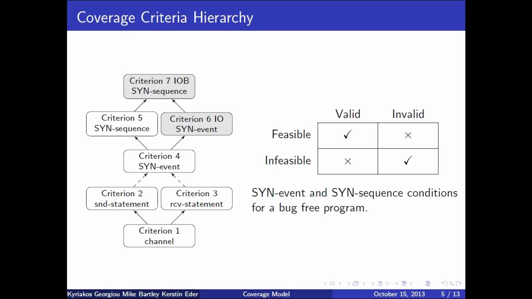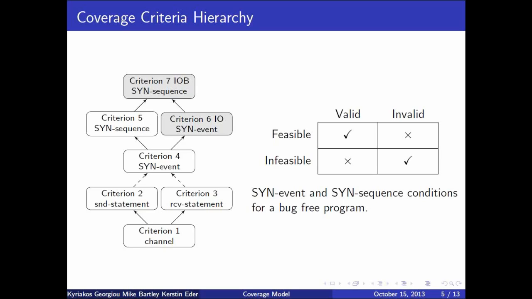Criteria 2 has to do with send statements, criteria 3 with receive statements, and criteria 4 is the Cartesian product of 2 and 3 on a particular channel. So it's a send statement with a corresponding receive statement, which is a synchronization event. Then criteria 5 is a sequence of synchronization events in a particular order.